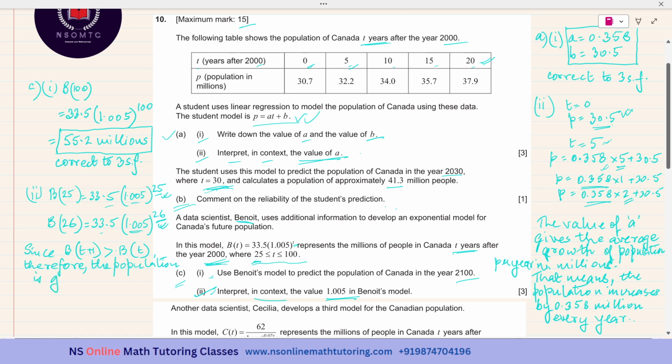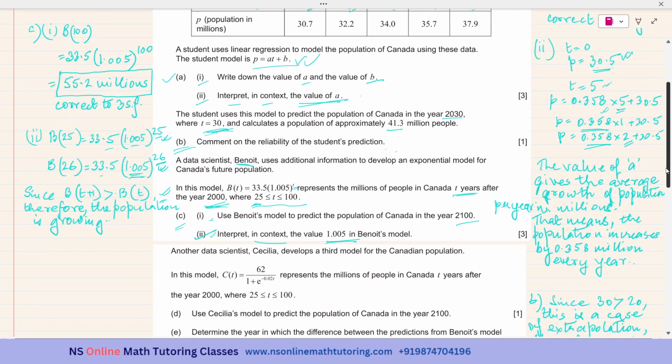Now let us find the growth, because this one is a general sentence I have written. It has some connection, but I did not show the connection of this statement with 1.005. I have to establish that. So what will be the growth? Let us see the growth in percentage.